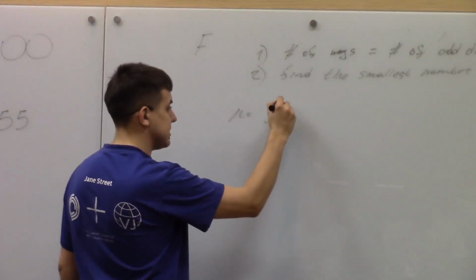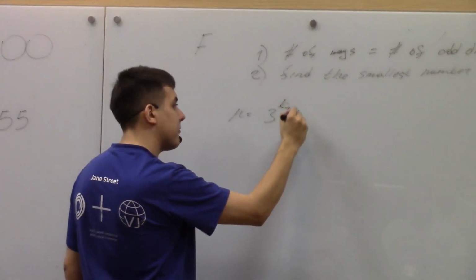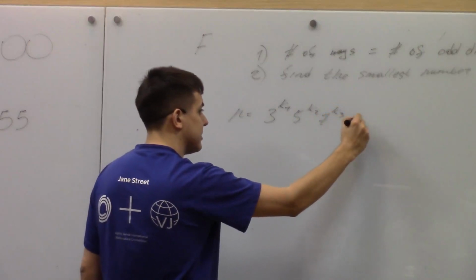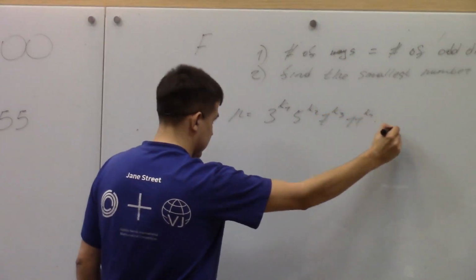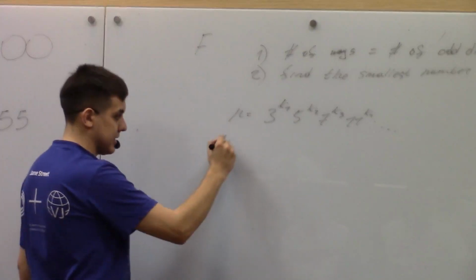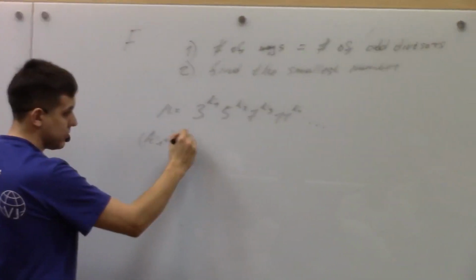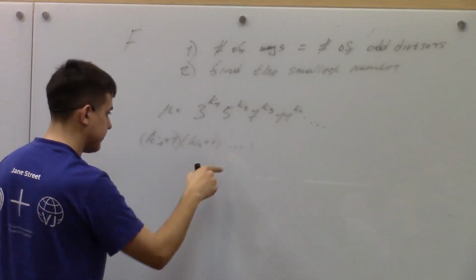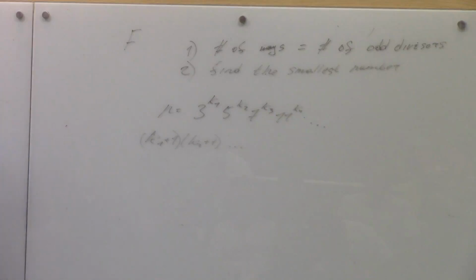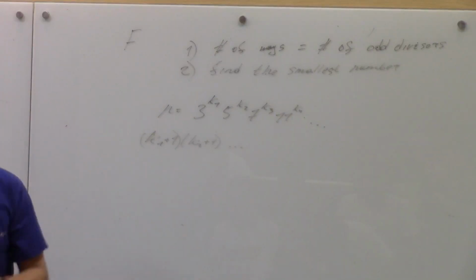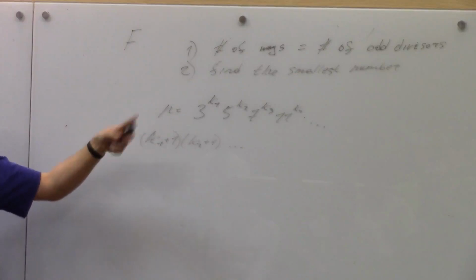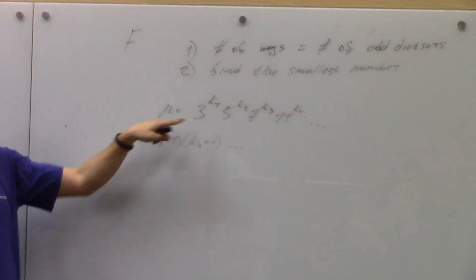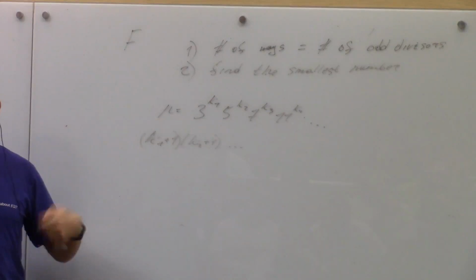So this is 3 to the power of k1, 5 to the power of k2, 7 to the power of k3, 11 to the power of k4, and so on. And the number of divisors is (k1 plus 1) times (k2 plus 1), and so on. Since the number of divisors only depends on these exponents, it makes sense that this should be a decreasing sequence.